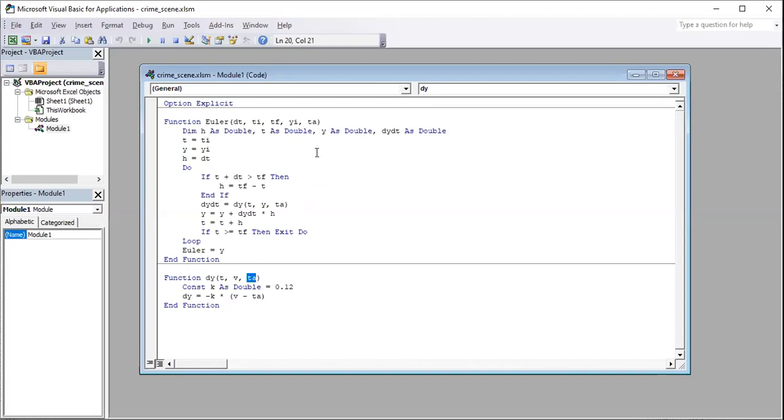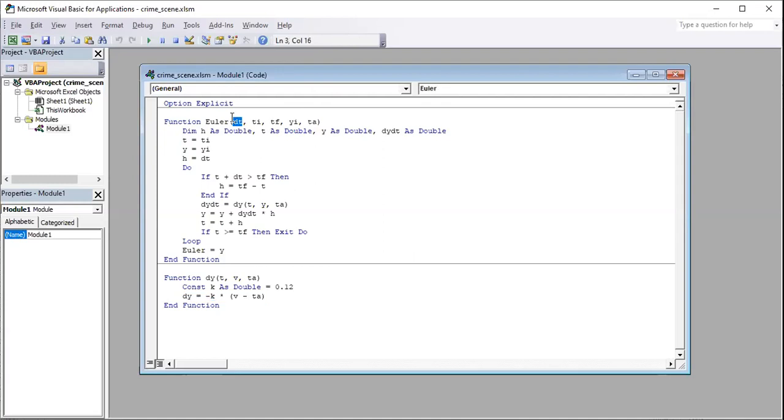Then another thing that was changed. Remember that this is the function here. When you are calling it in the Euler's function, you have to call it using just three parameters, the same way you did here. Then for the Euler's function, previously we had 6 parameters for the velocity of the falling ball, but now we just have 5 parameters, because the model of Newton's law of cooling takes fewer parameters.